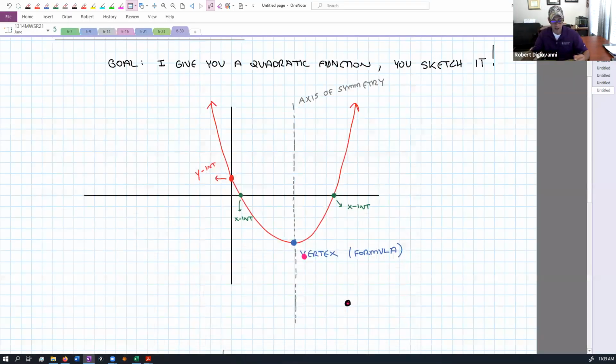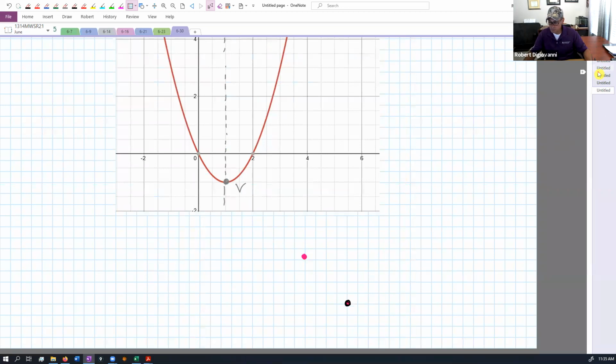Okay, so let me summarize that. When sketching quadratics, you will have one vertex always, okay?